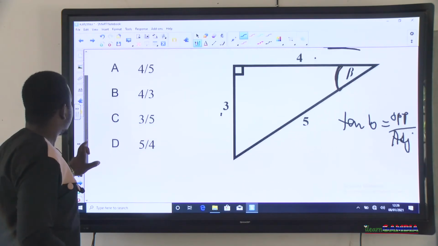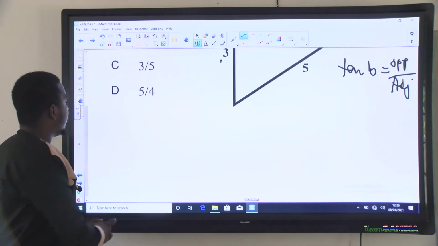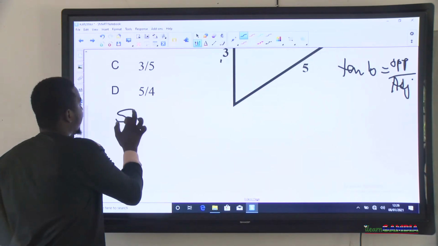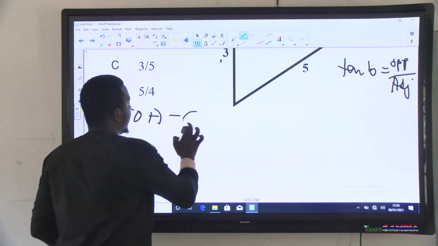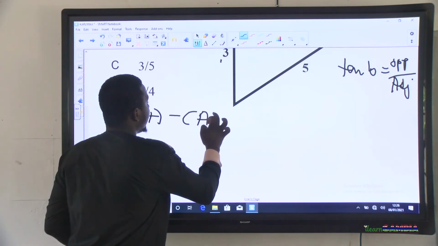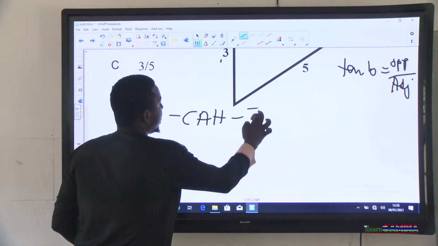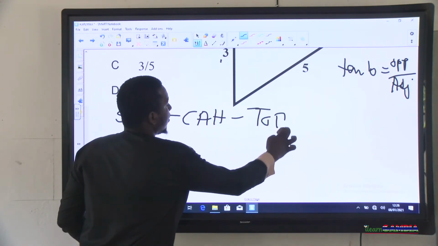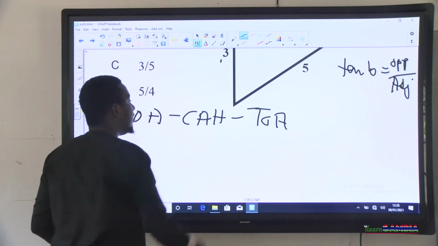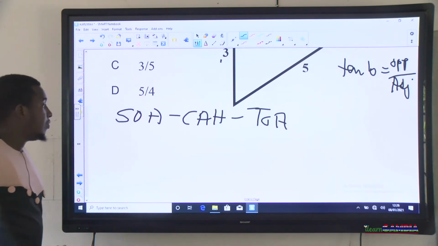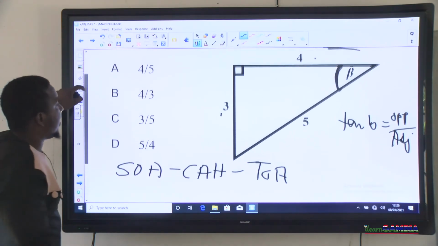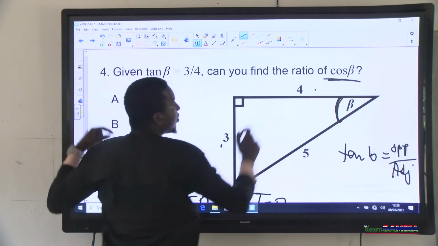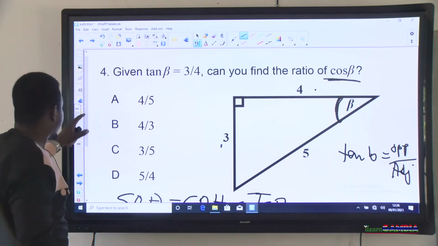Again, using SOHCAHTOA, we have SOH, CAH and TOA. CAH is the one that we need, because we are asked to find the cos of the angle beta.